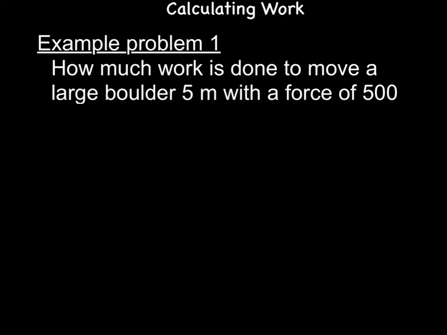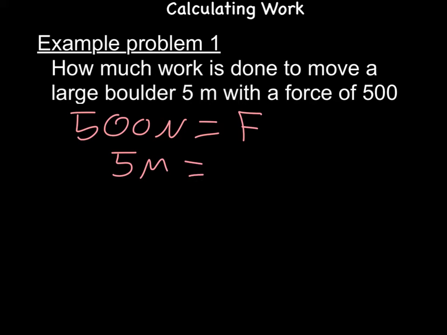Okay, so here's example problem 1. The question asks, how much work is done to move a large boulder 5 meters with a force of 500 newtons? When we solve this problem, we're going to find out that we have 500 newtons, which is equal to our force. We have 5 meters, which is equal to our distance. We want to know work.